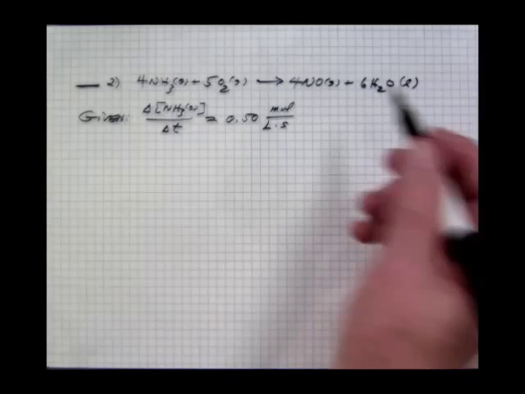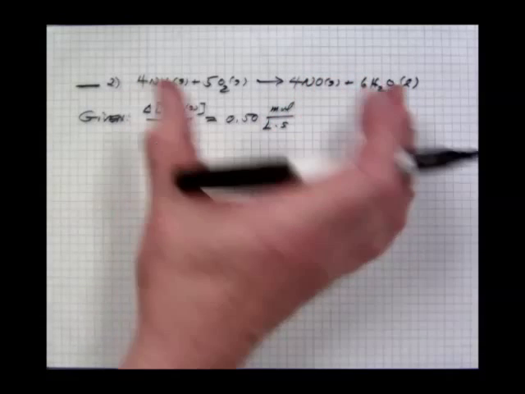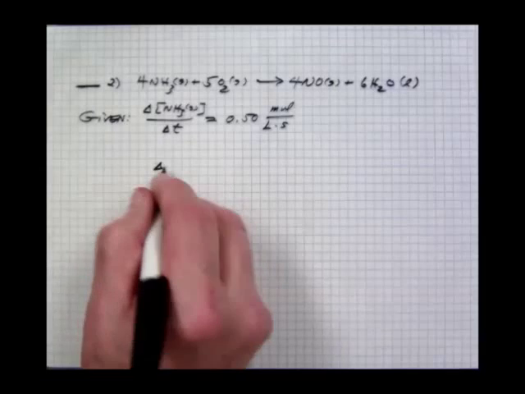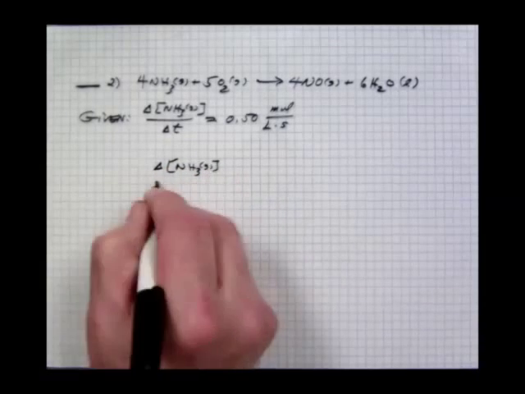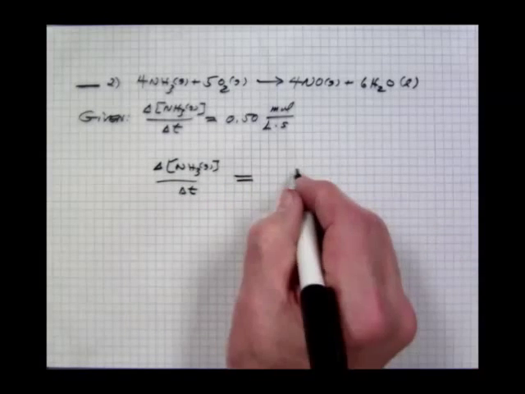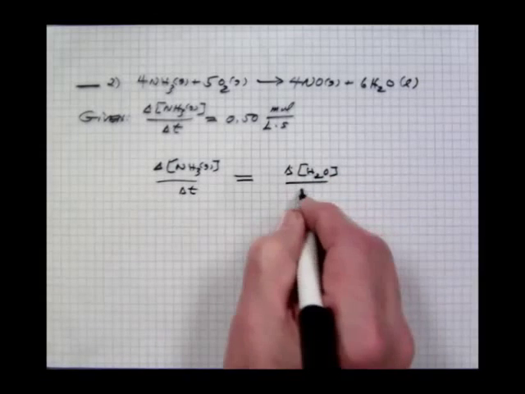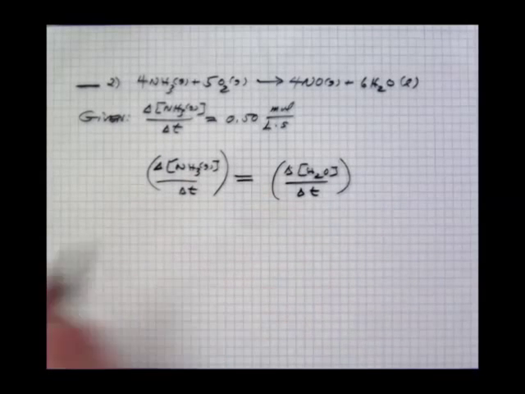You know, you can write a relationship from an equation in terms of the coefficients like this. So if you take change in ammonia over change in time, you can set it equal to the change in H2O over change in time. Isolate those with brackets.